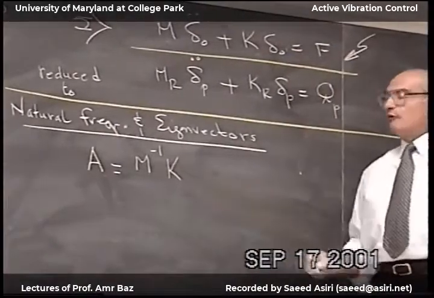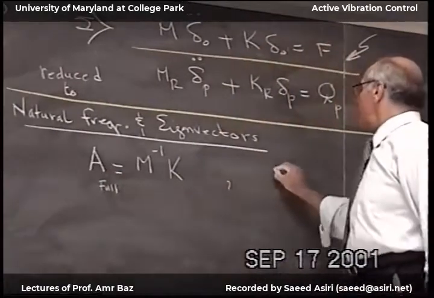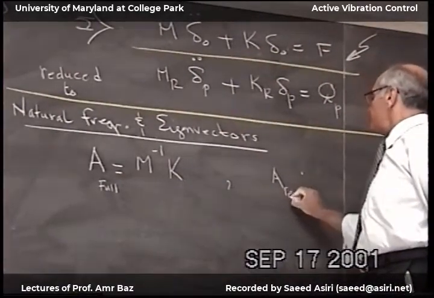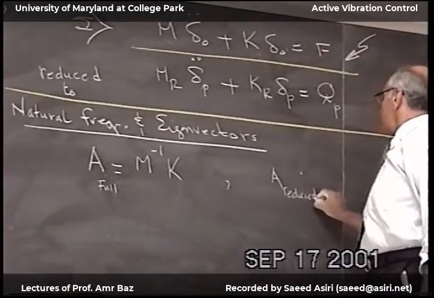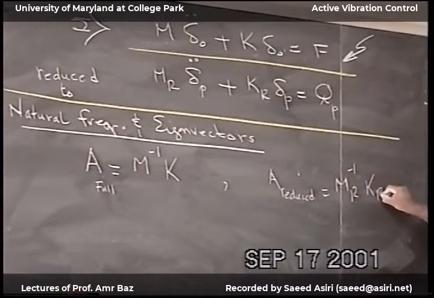This is for the full order, or A reduced order, m reduced inverse times K reduced.